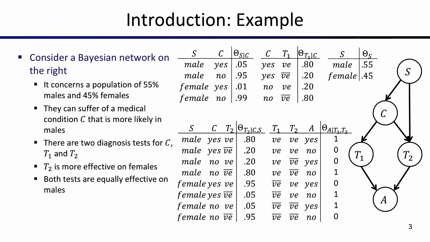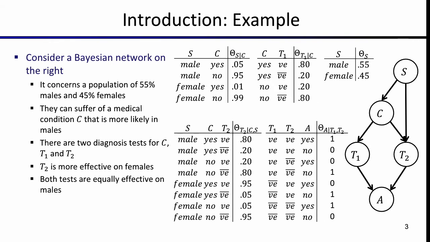So we're going to use this example during this lecture. It's a Bayesian network for a certain medical condition. We have a population that has a little bit more males than females, so we have 55% males and 45% females, and that information is here in the variable S. And we have a condition, and this condition is dependent on the sex, because it is a little bit more likely in males than in females.